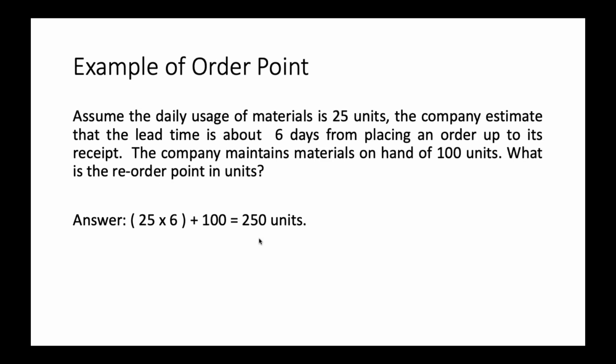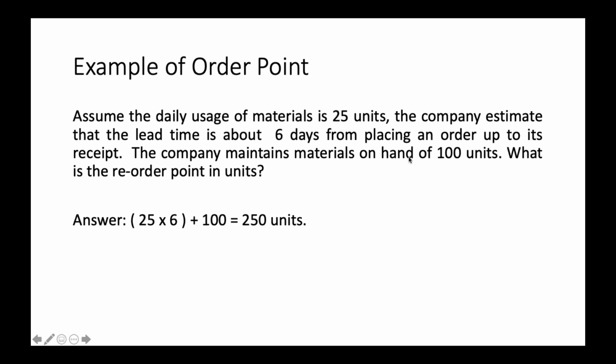Okay, how about the reorder point? Kailan tayo o-order? Assuming that daily usage of materials is 25 units, the company's estimated lead time is about 6 days, and the company maintains materials on hand of 100 units. The 100 units serve as your safety stocks.